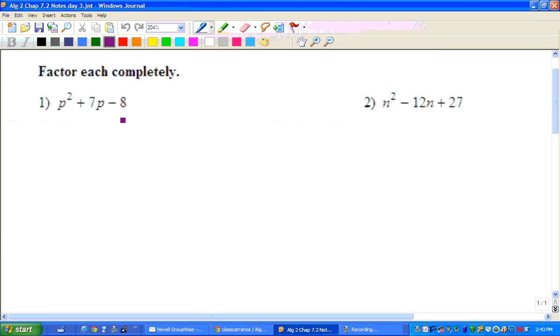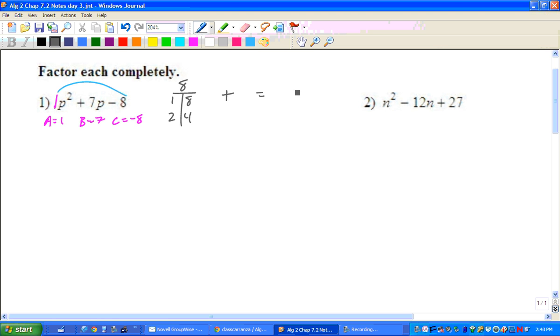P squared plus 7p minus 8. Now, the first things are always going to be the same. All right, if you need to, write down what A is, what B is, and what C is. We're going to do the factors of 8, which are 1 and 8, 2 and 4.